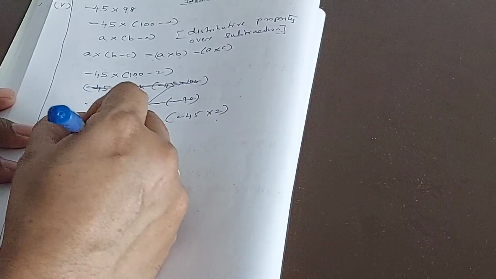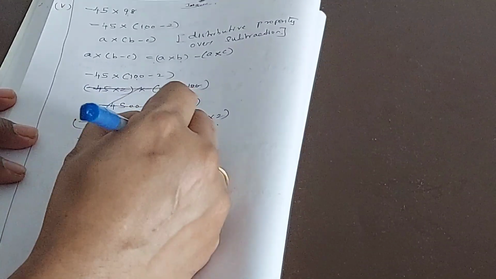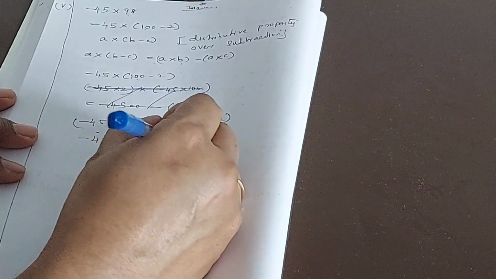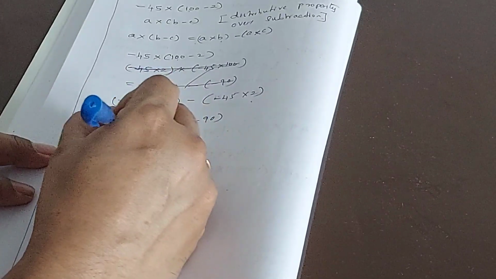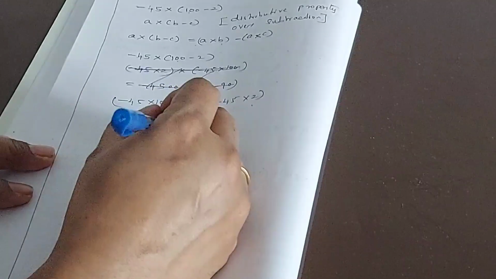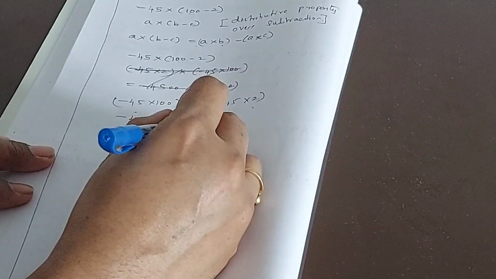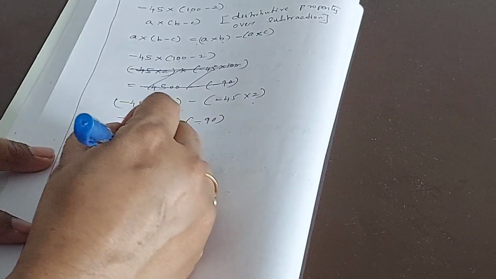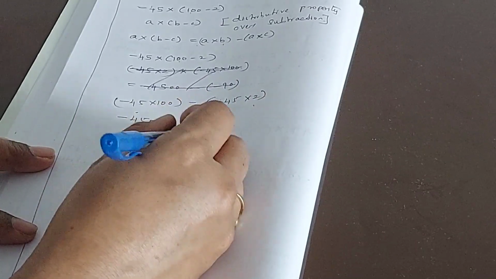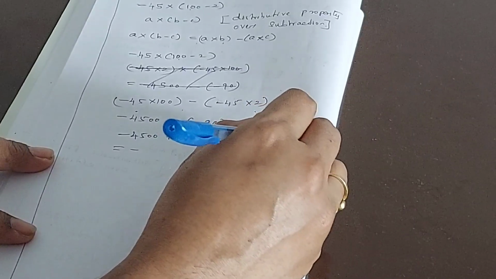Okay, children. So minus 4500 minus 45 into 2 will get minus 90. Minus 4500 minus of minus, that is minus multiplied by minus, you will get plus. So plus 90 you will get. So minus 4500 plus 90. You have to subtract, right?